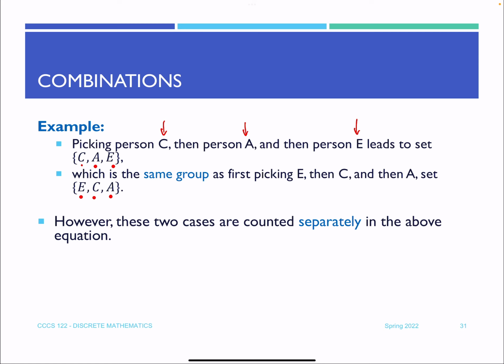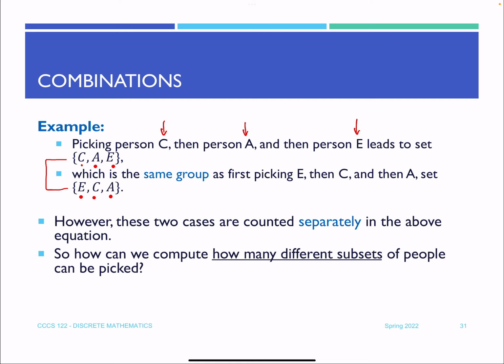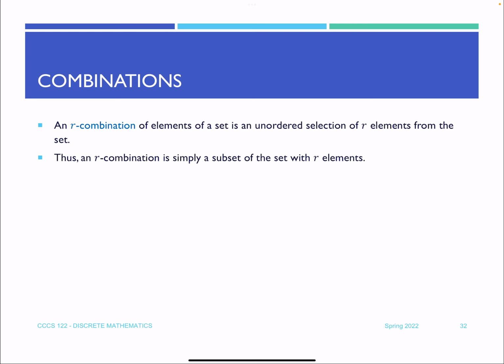So in a permutation, these 2 cases would be counted separately. So how can we compute how many different subsets of people can be picked? That is, we want to disregard the order of picking.